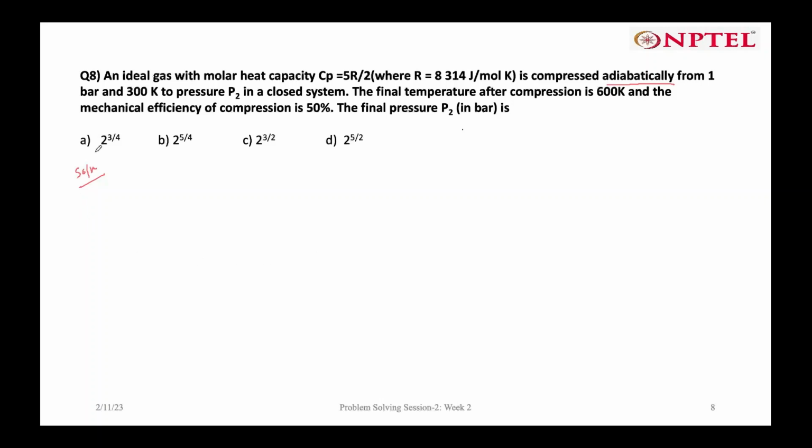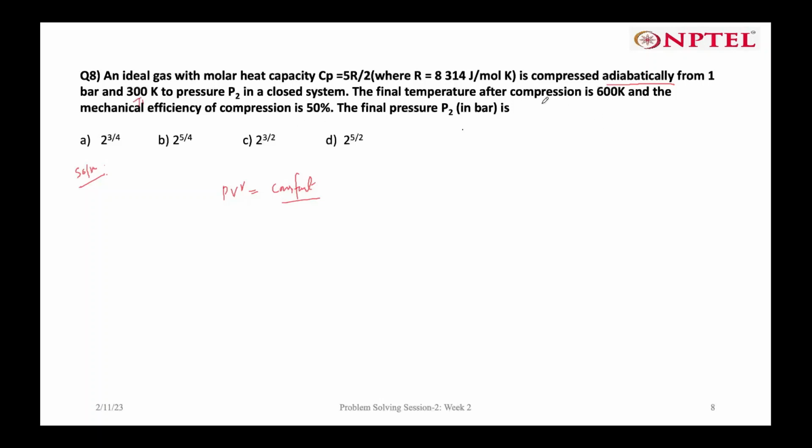Try to solve these ones. We have to calculate the final pressure P2. So for an adiabatic process, PV raised to the power gamma is equal to constant.